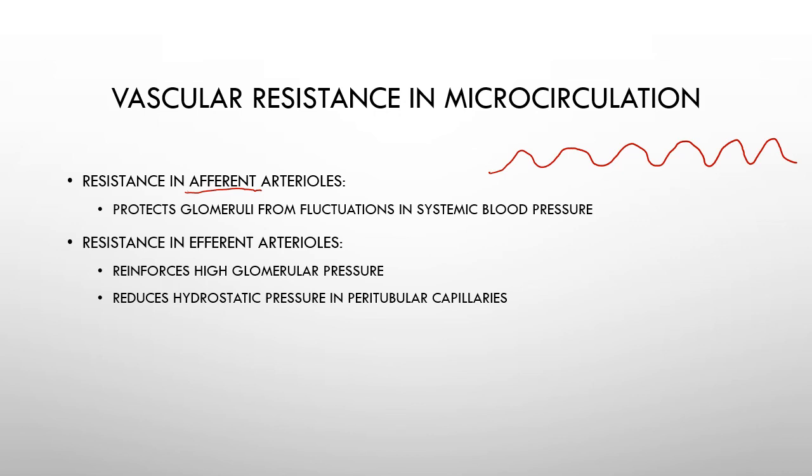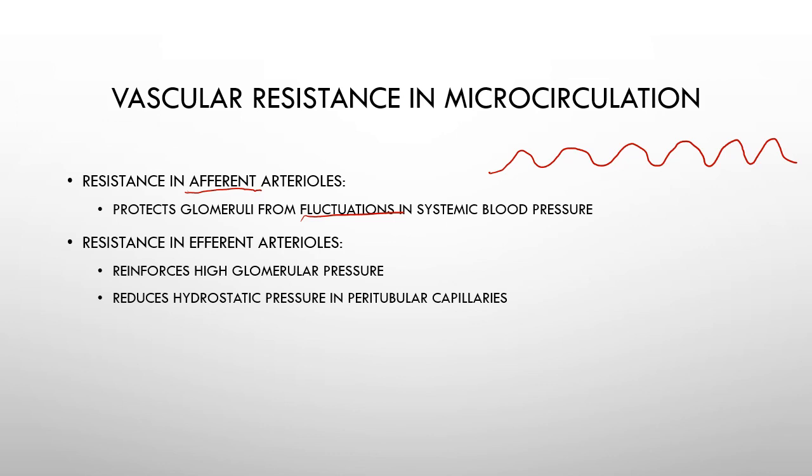The afferent arterioles are going to help to keep those fluctuations in pressure under check. As well, when we do things like stand up, sit down, lay down, as those fluctuations in pressure occur for body position, they're going to help with that process as well.